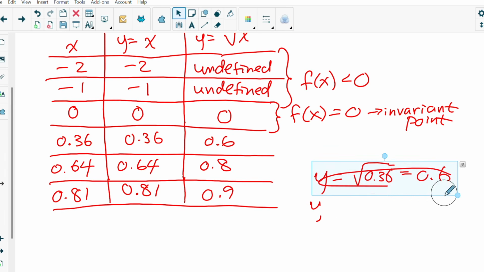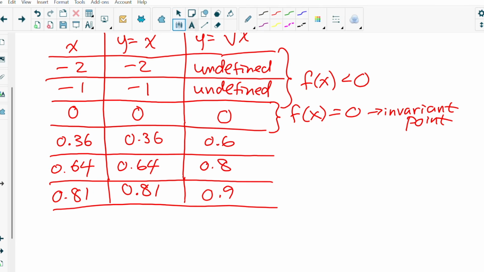So let's make a statement here. This is that region where f of x is greater than 0, but less than 1.